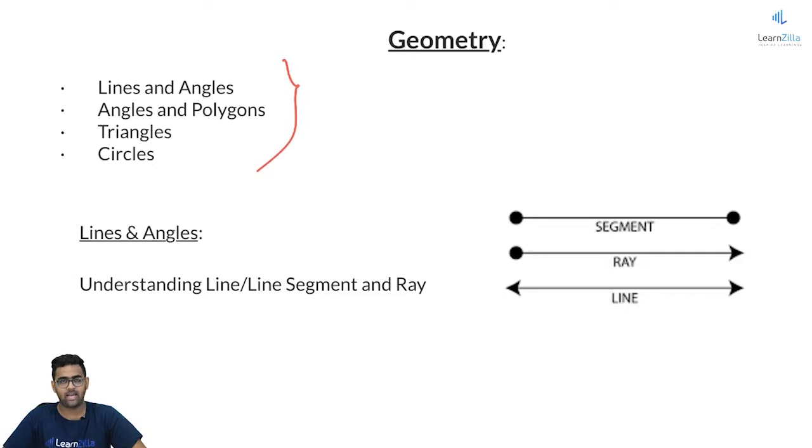A line theoretically has no endpoints, so it can extend from infinite to infinite. A ray is a line with one endpoint and the other side can extend till infinite. And a line segment has two endpoints A and B and it is of a finite length. That is the basic understanding of a line segment and a ray.